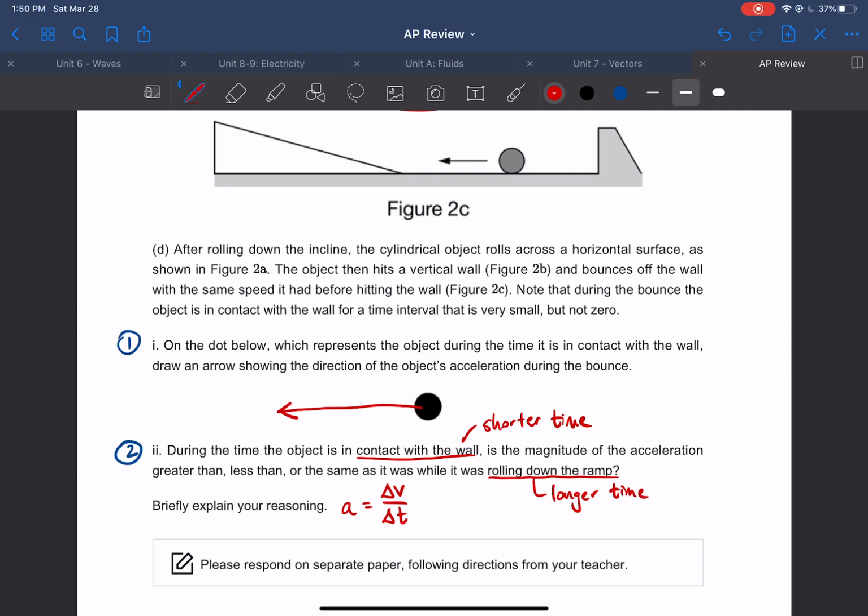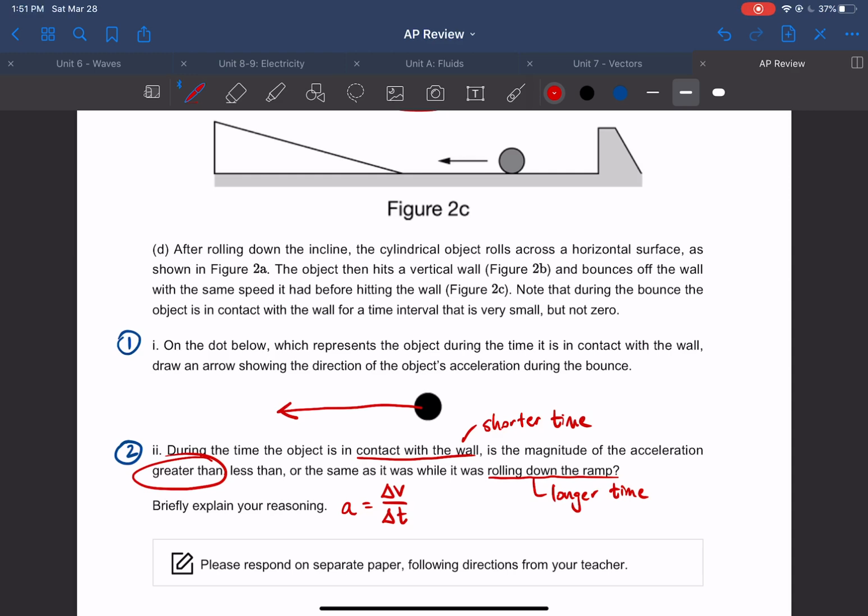So since the change in velocity is roughly the same, actually larger for the ball hitting the wall than it is rolling down the ramp, and the time interval is smaller, then the acceleration is going to be much greater when the ball hits the wall than it is when it's rolling down the ramp. So that would be our answer here.